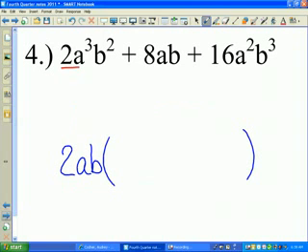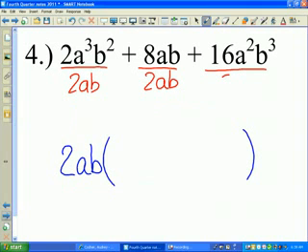So now I'm going to take my GCF and divide everything of the original by it. So 2a cubed b squared divided by 2ab will give me a squared b.